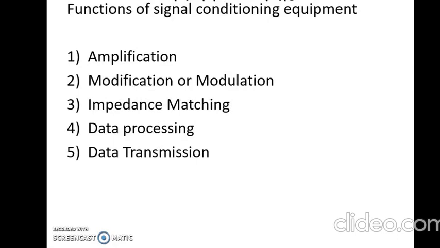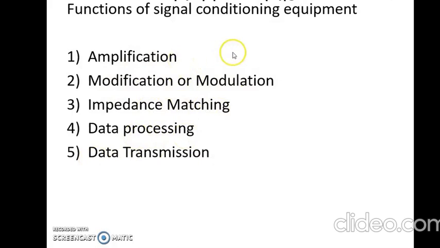Now let us discuss the functions of signal conditioning equipment. The signal conditioning equipment may be required to perform the following functions on the transduced signal. They are amplification, modification or modulation, impedance matching, data processing, and data transmission.